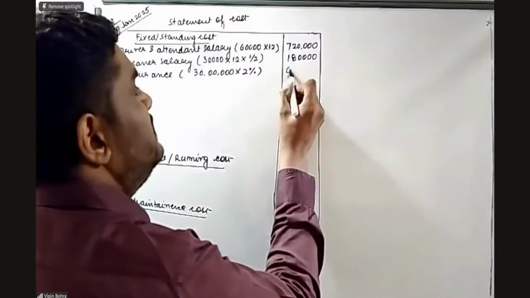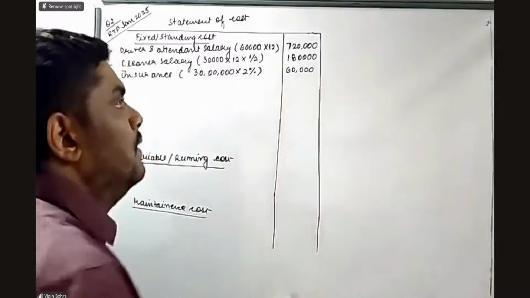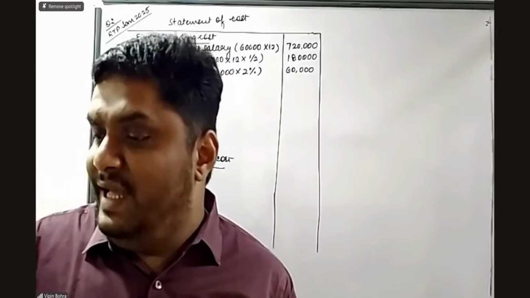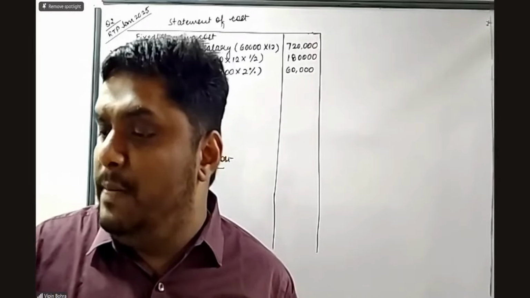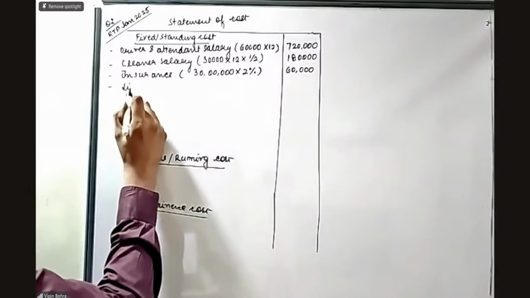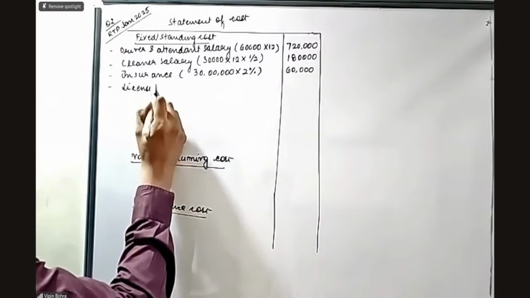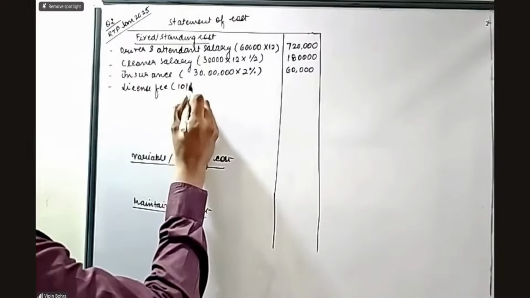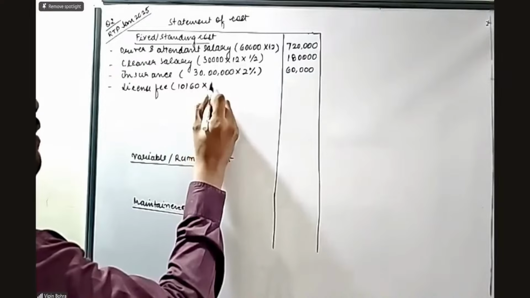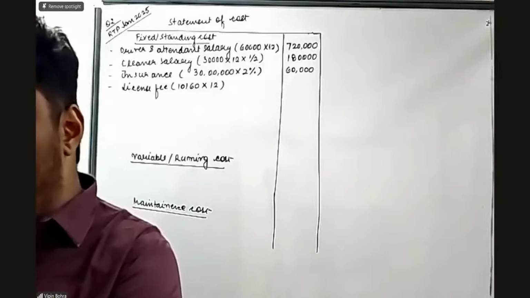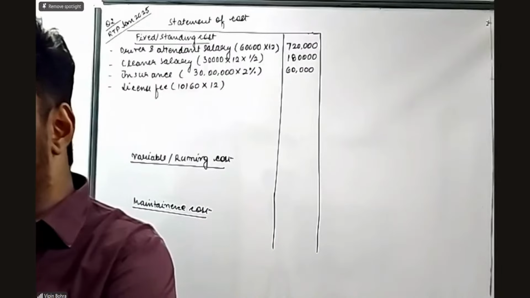So this will be 60,000. License fees and taxes are 10,160 per bus per month. So 10,160 per bus per month.